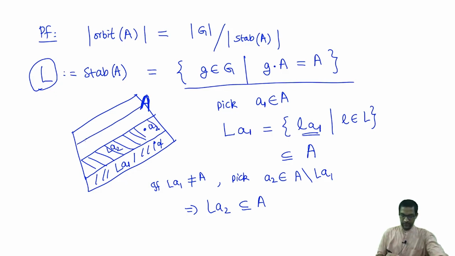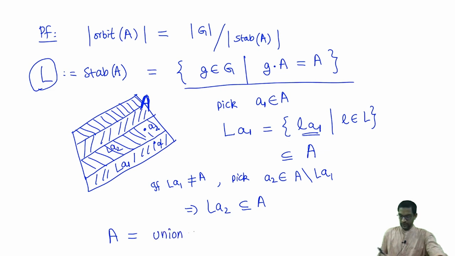So you keep going that way, and as soon as some element is there, its entire right coset is there. Which means finally this process has to stop because everything is a finite set. And when this process stops, what would you have obtained? You would have realized A as a union.